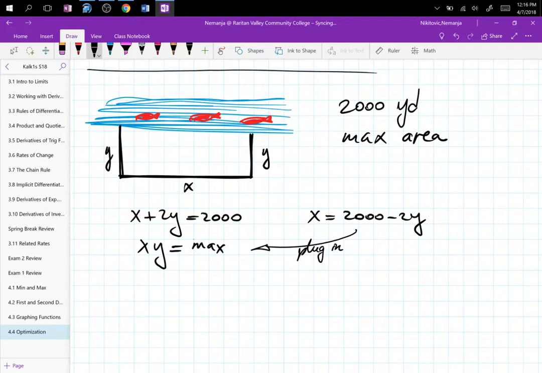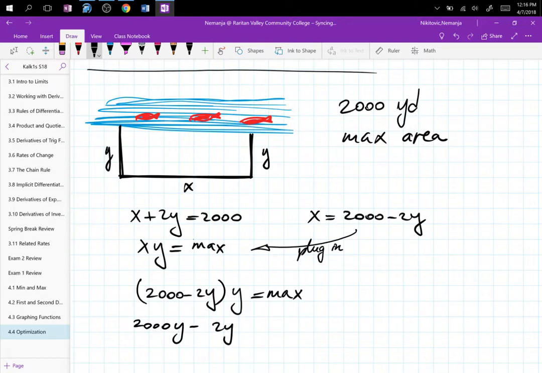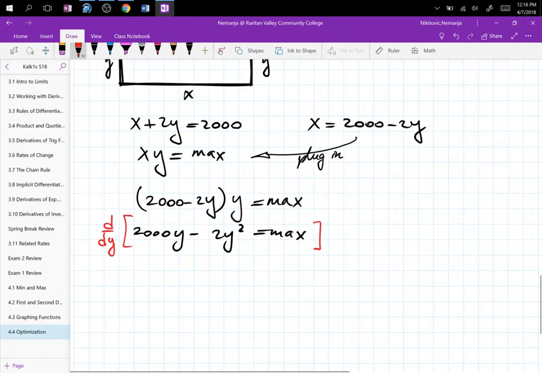So instead of x, now I have 2000 minus 2y. Everything times y is a max. That's 2000y minus 2y squared is a max. And this is where you hit it with the derivative, because you only have one variable. Now we are differentiating with respect to y.